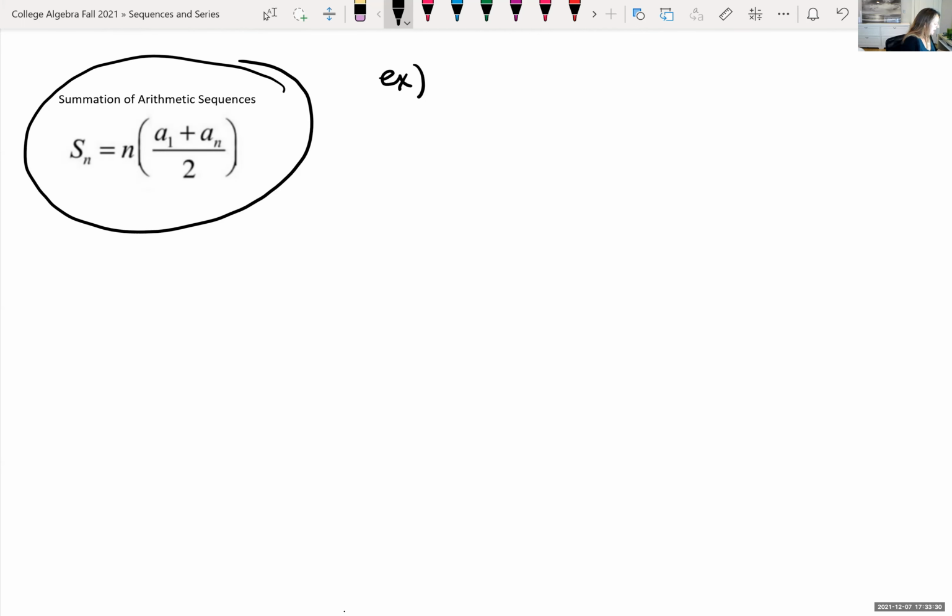So if we are looking at the sum of n equals 1 to, let's say, 80 of 1/3 n plus 1/2.